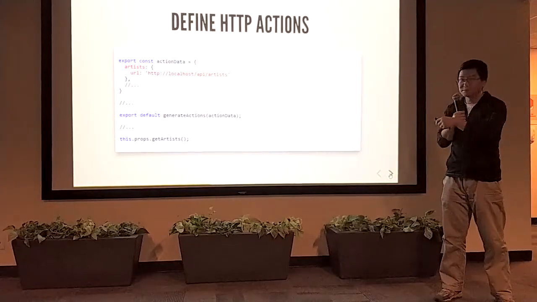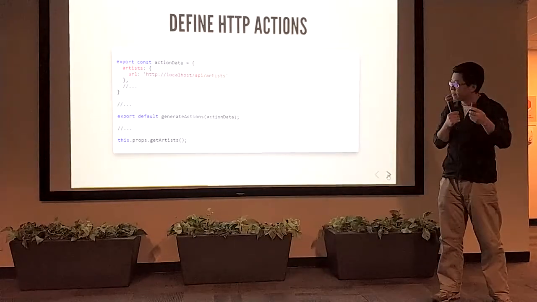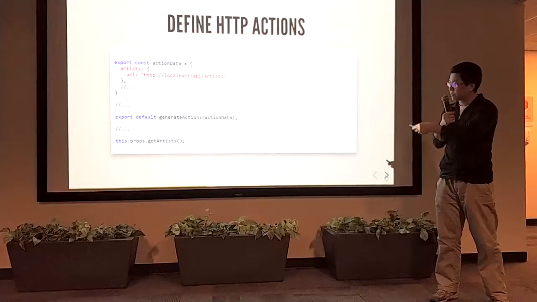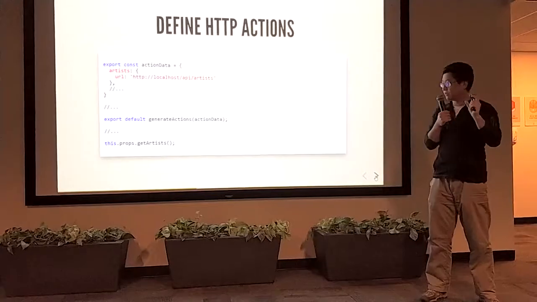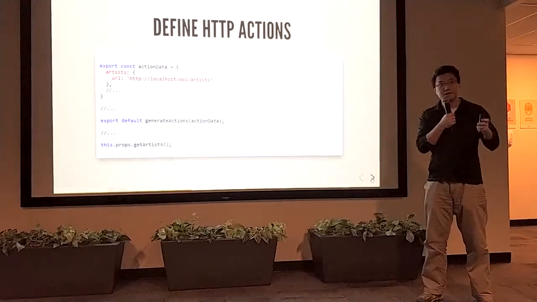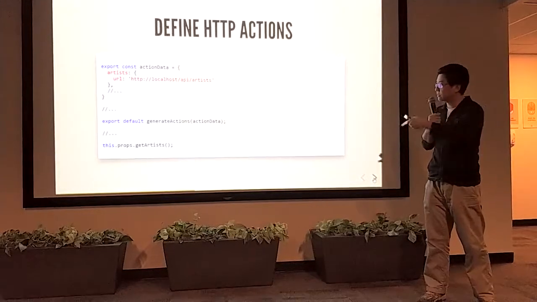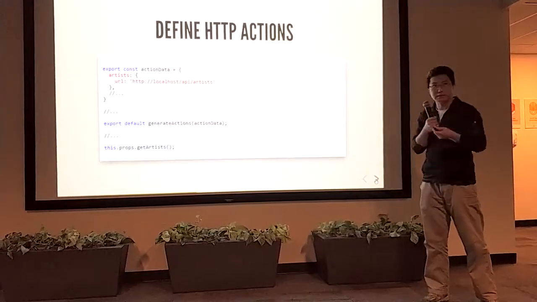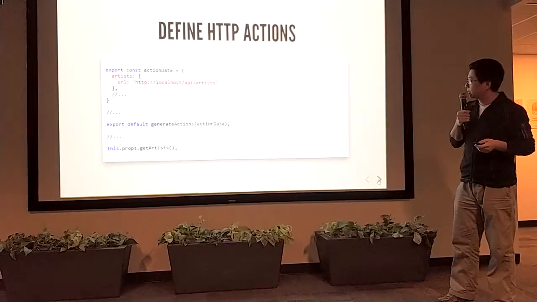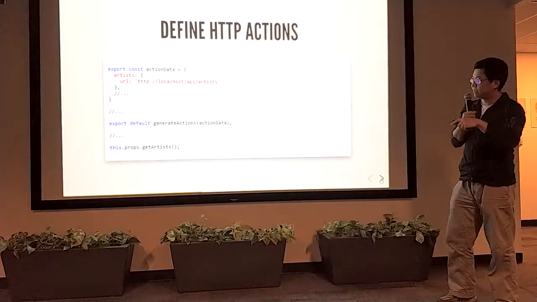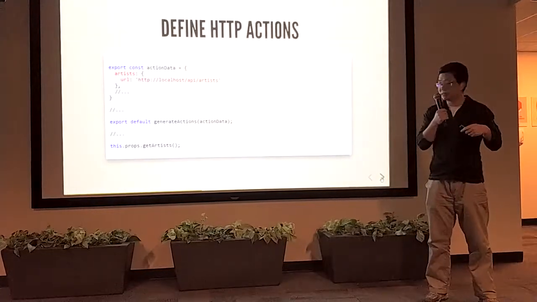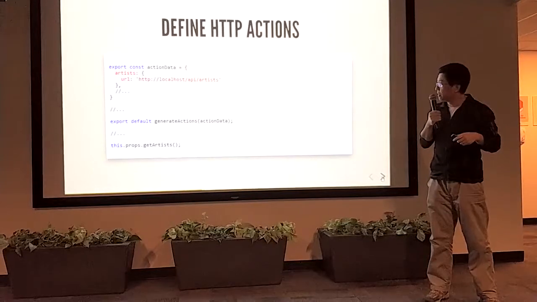That object is similar to the idea of the virtual DOM. So when redux-cycles receives that HTTP request object, it will figure out how to make the HTTP calls for you, so that all our program here is pure. Yeah, so we're going to look at this in a little more detail in the demo.